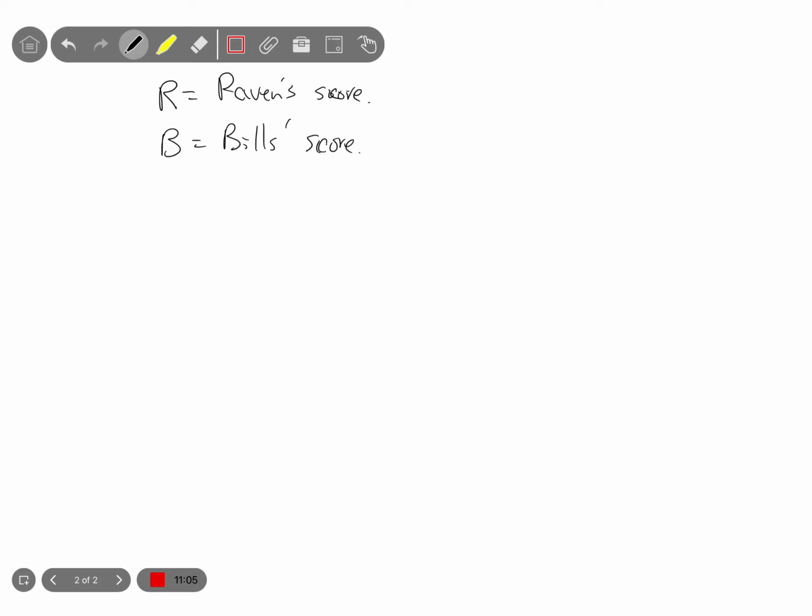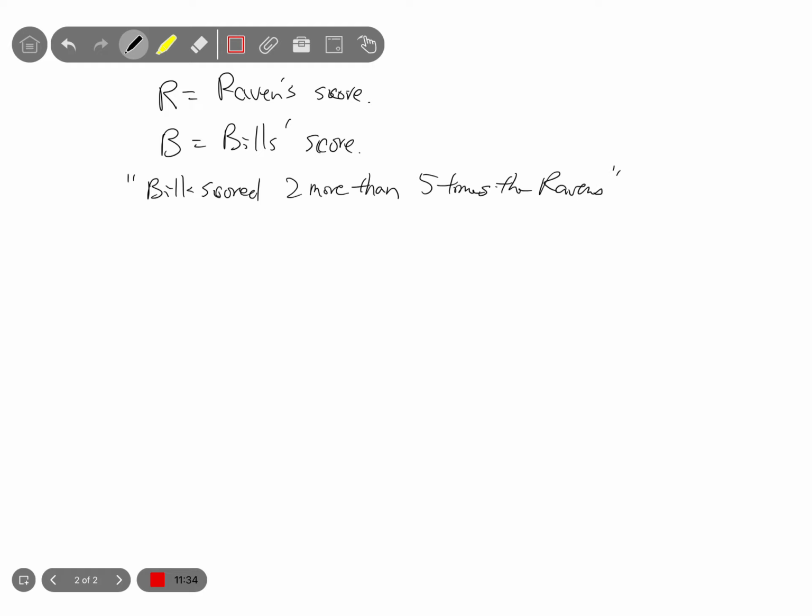Now, key information, right? We've got the variables down. Now let's figure out the information we have. The information here is this: the Bills scored 2 more than 5 times the Ravens.